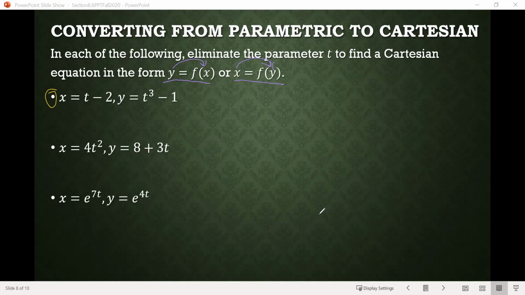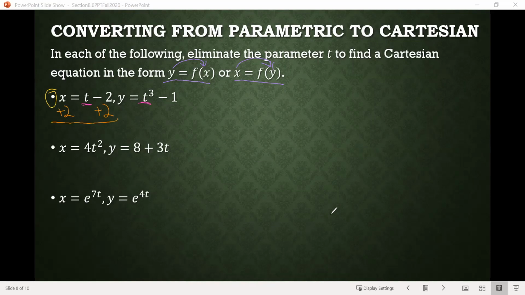Here we see that x equals t to the first minus 2, so it looks like it'd be fairly easy to isolate t here. Whereas in the second one, we have t to the third minus 1, which means to isolate t, we'd have to do a cube root, which seems like a little more work. So in that case, we'll use the first one. We'll isolate t by adding 2 to both sides.